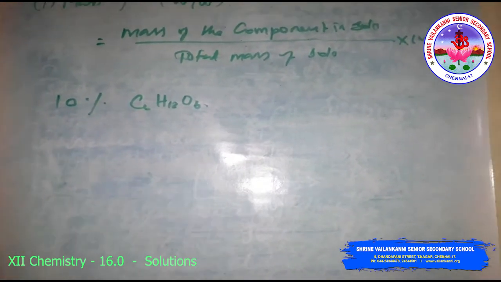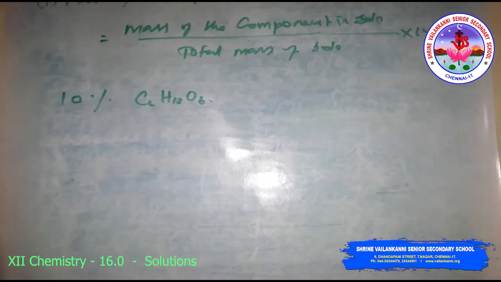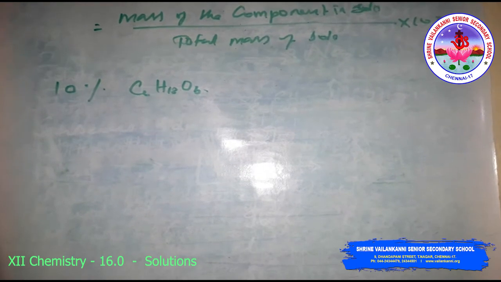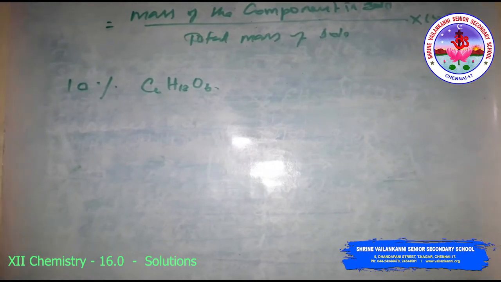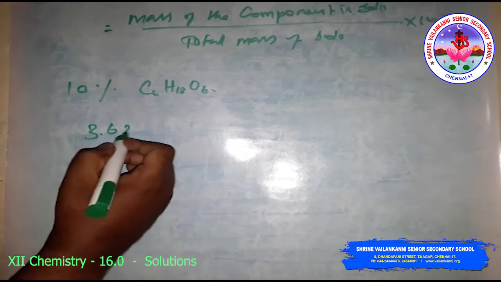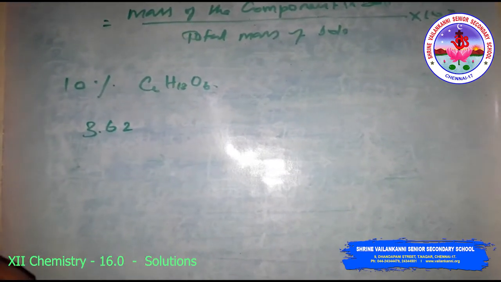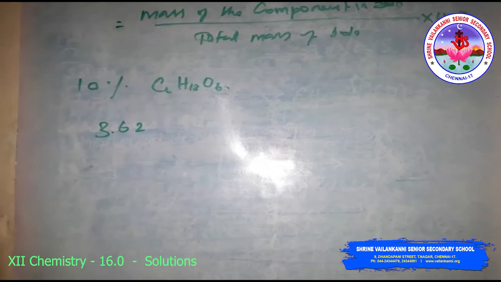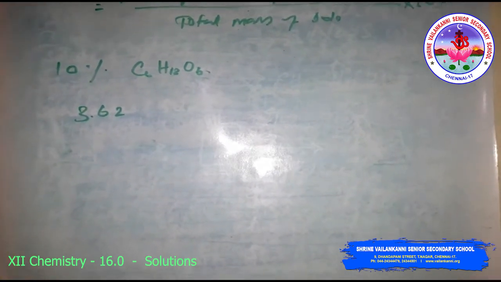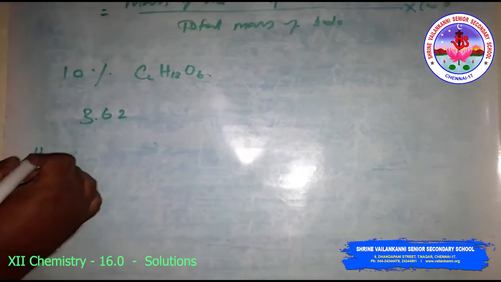The concentration described by mass percentage is commonly used in industrial chemical applications. Okay, that is an example. Commercial bleaching solution contains 3.62 mass percentage of sodium hypochlorite in water. Okay, then the second is volume percentage.